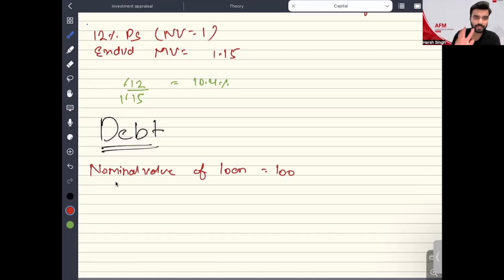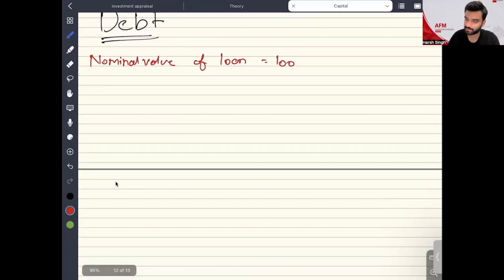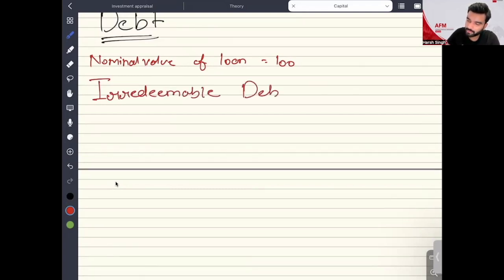In debt, you have to remember you have three things: irredeemable, redeemable, and convertible. Now we have to understand the formula for each of these. First of all, we have irredeemable debt.